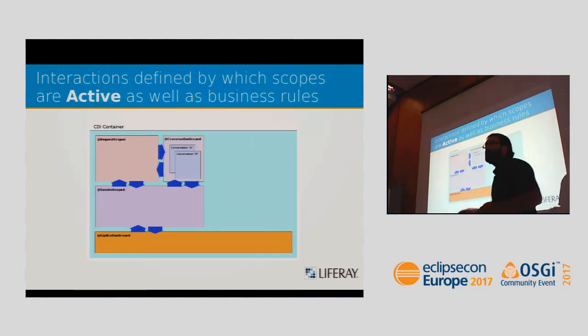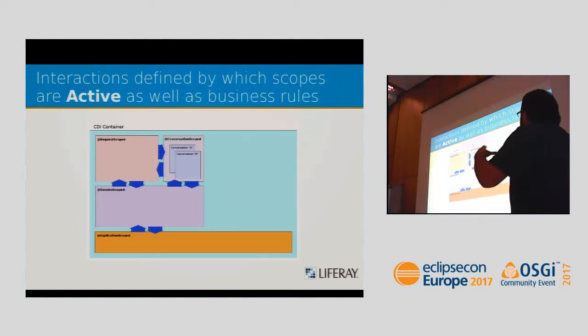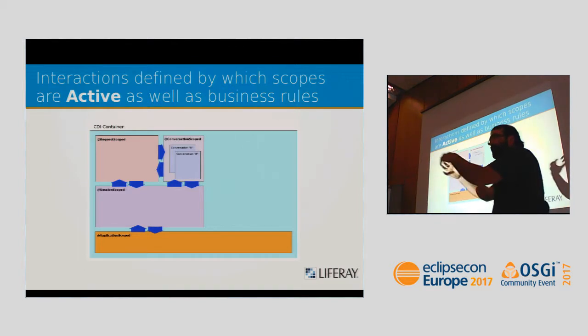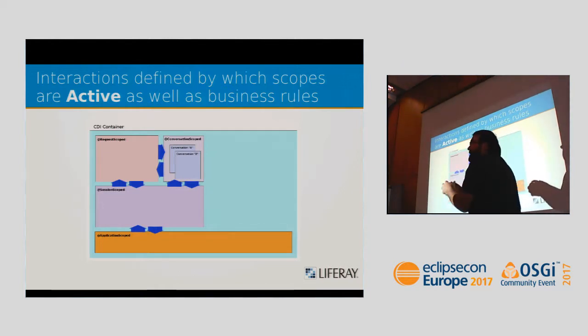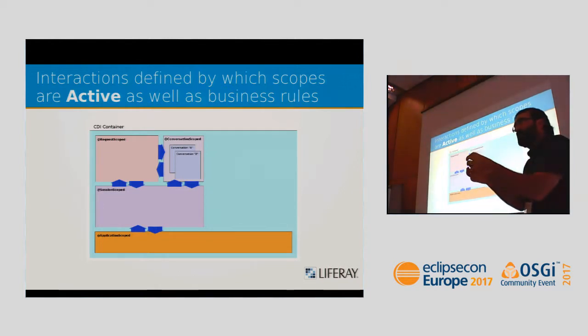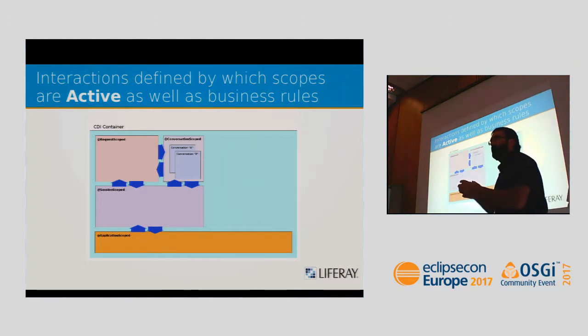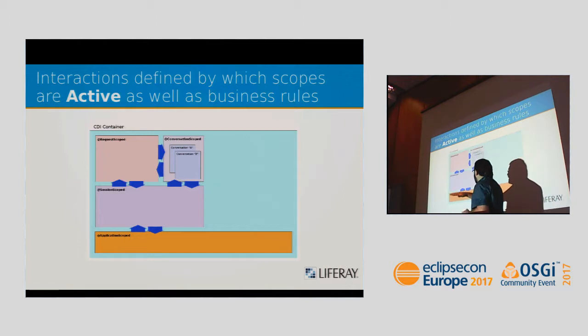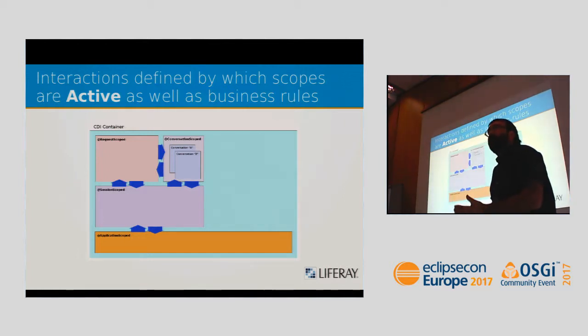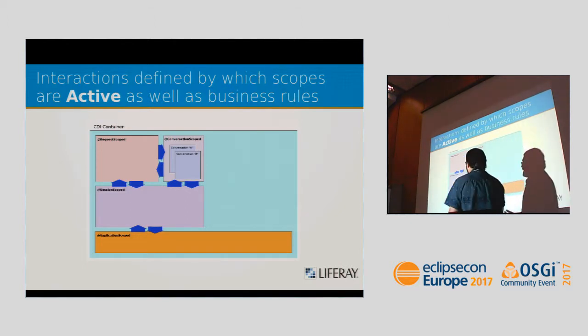Now, between these different scopes, there is a level of interaction, and the ability to interact between these scopes depends on whether a scope is active or not. Let me illustrate. We have an application scope, which you could imagine behaves like singletons in your application. Let's imagine that a request arrives.